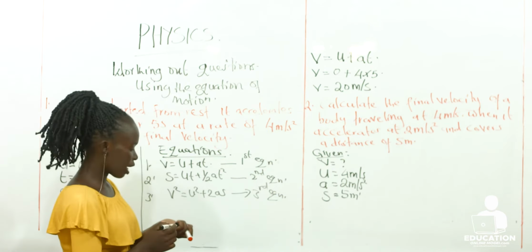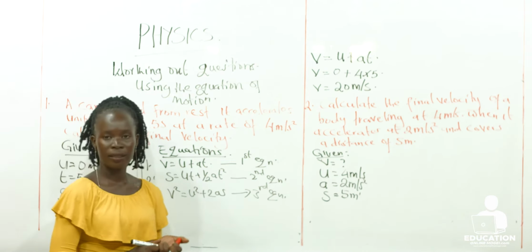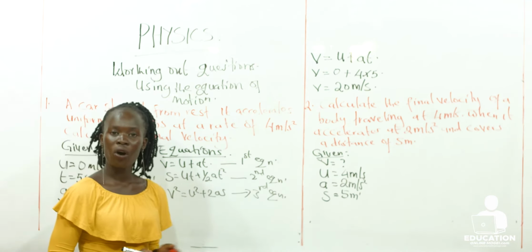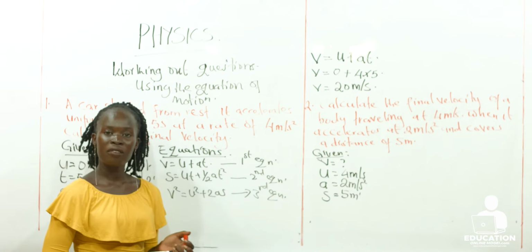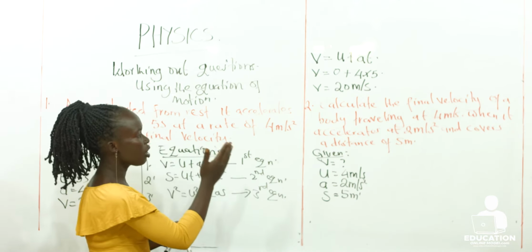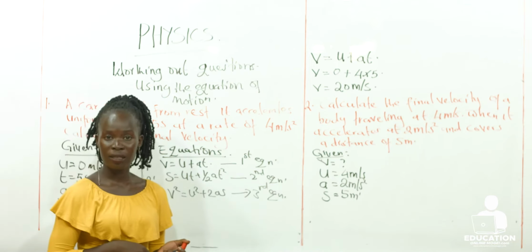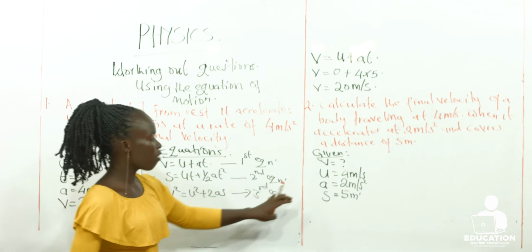If you look at our question, are you seeing any t there? There is no t. That means the journey of this body was not timed, so that's why we don't have our t here.